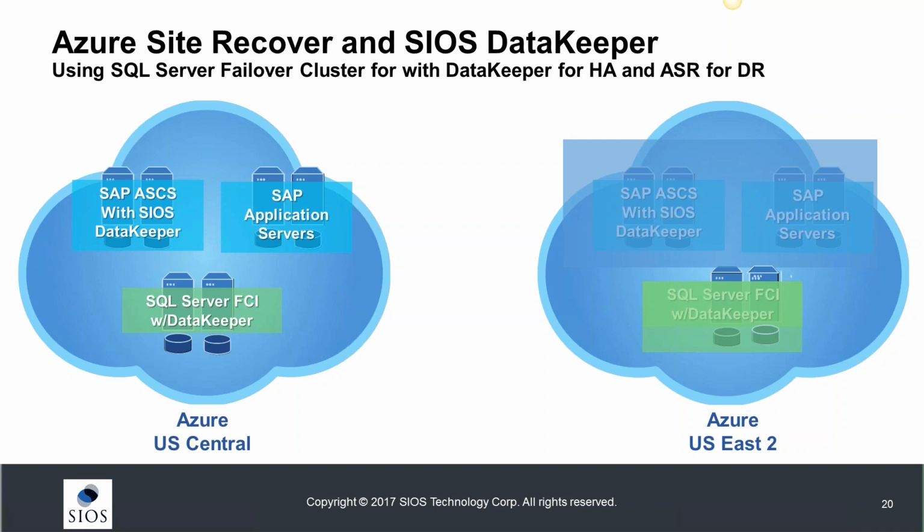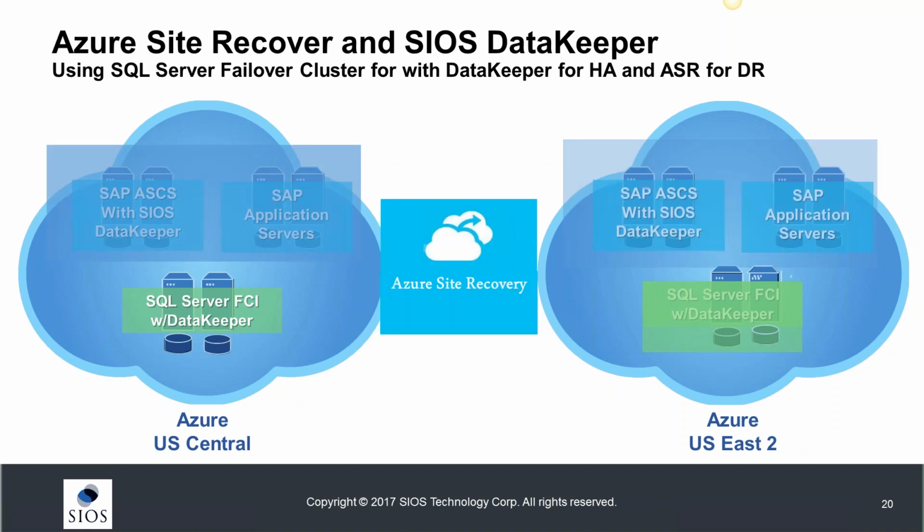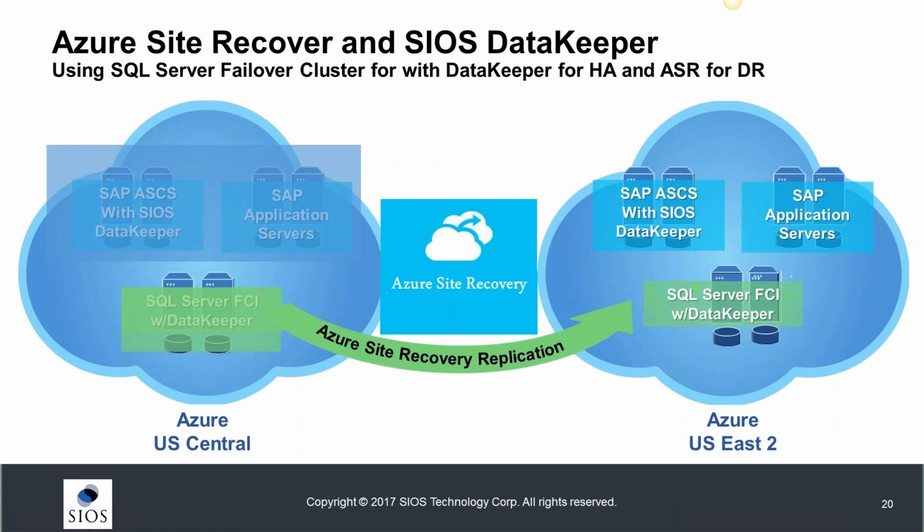But essentially, you can build a 2-node SQL Server failover cluster instance with DataKeeper and use Azure Site Recovery to not only replicate all your application servers, but also replicate the 2-node SQL Server failover cluster instance.